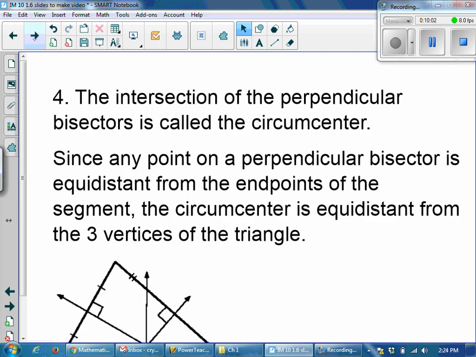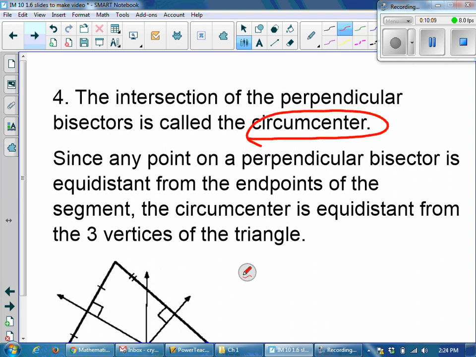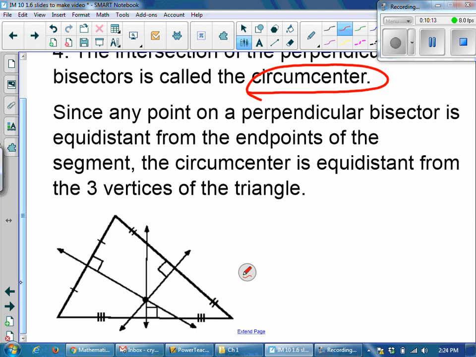Then the last one of these, we want to know about the intersection of the perpendicular bisectors, and that's called the circumcenter. So make sure you write that down on your vocab sheet. When I look at this picture, this point here, we'll call it A, is the circumcenter. And I know that because this segment is a perpendicular bisector.